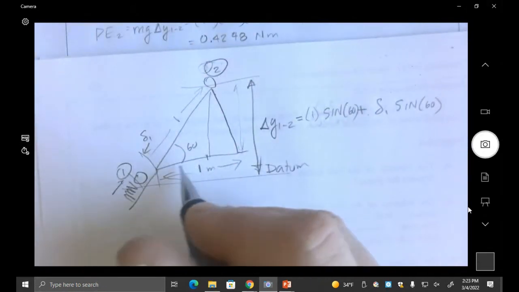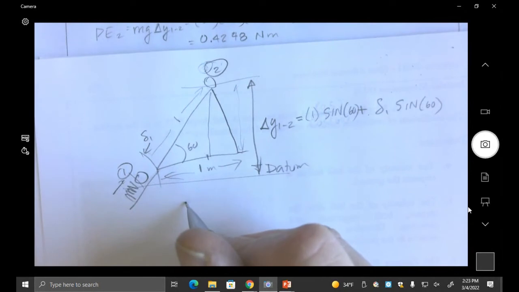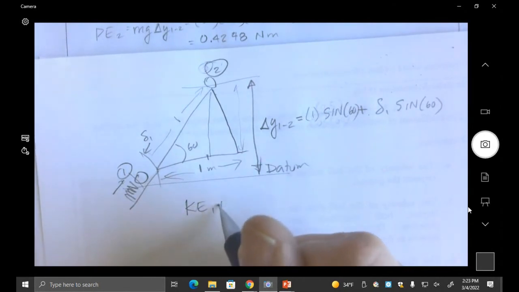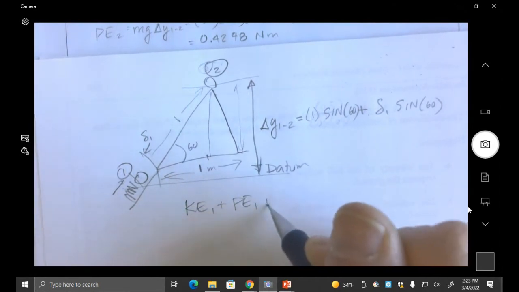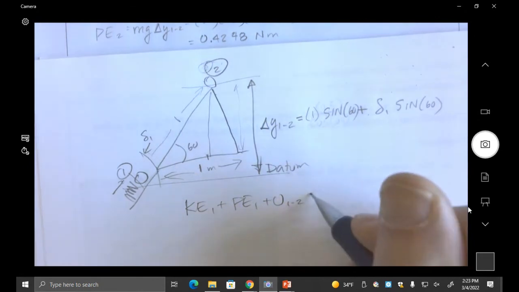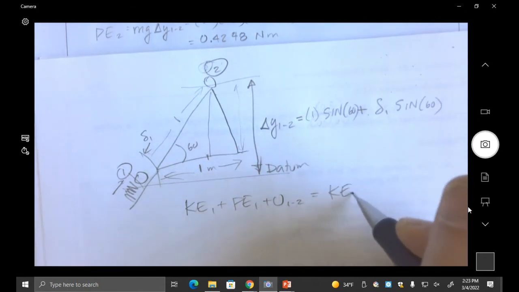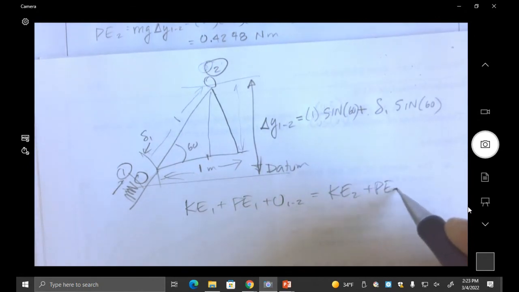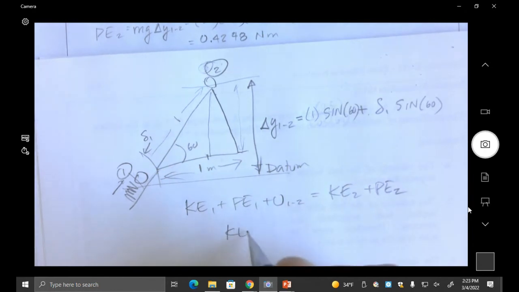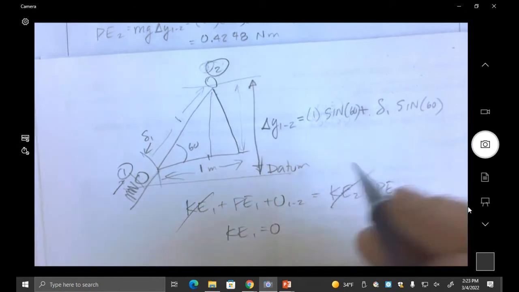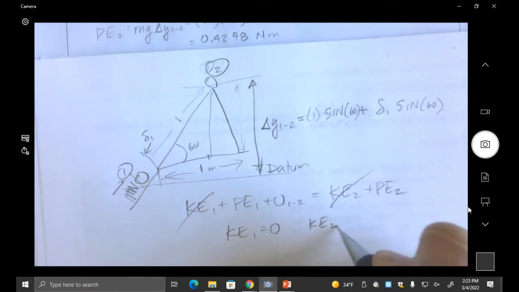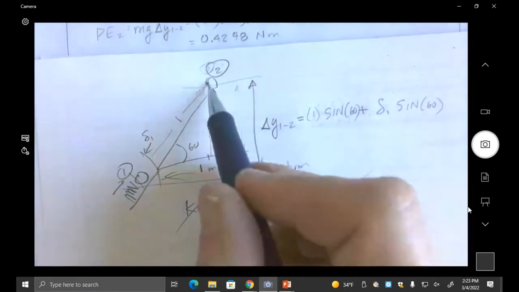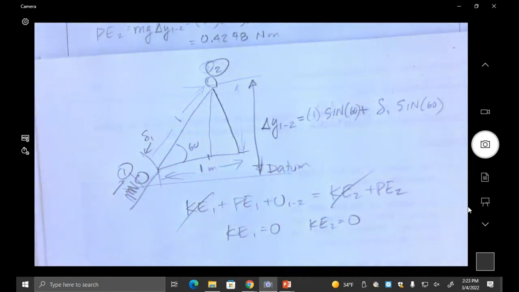All right, so let me write out this main equation here. So that's a good place to start. So KE1 is 0, right? If you even say KE2 is going to be 0, let's write it, might as well. Because it's going to go here, we want to find just how much we have to push this thing back just to get it to move.